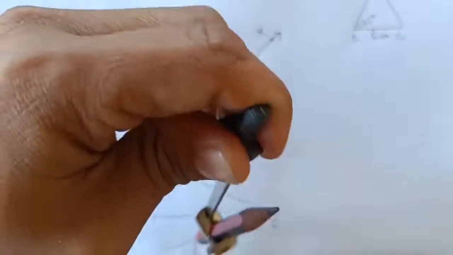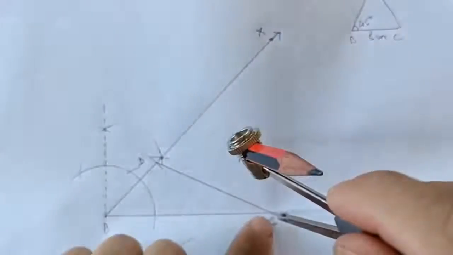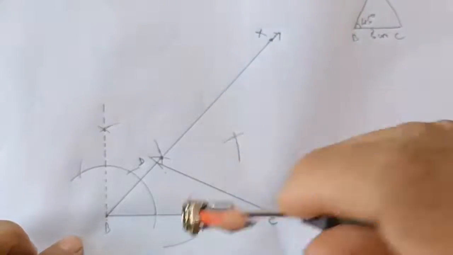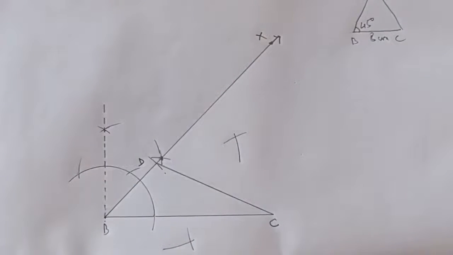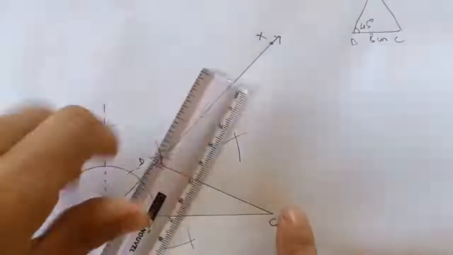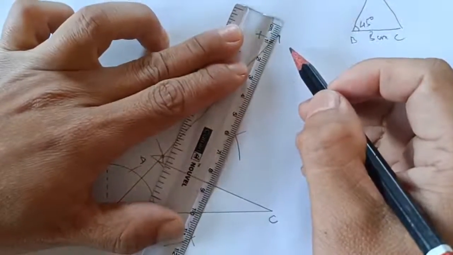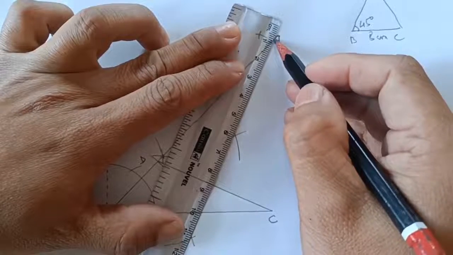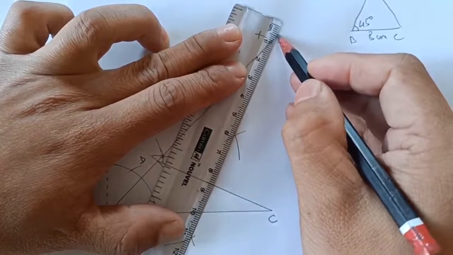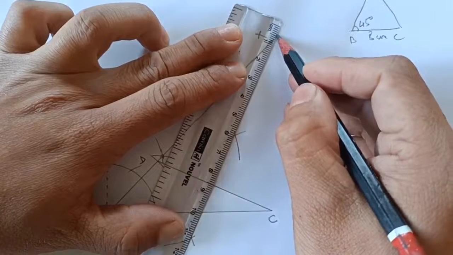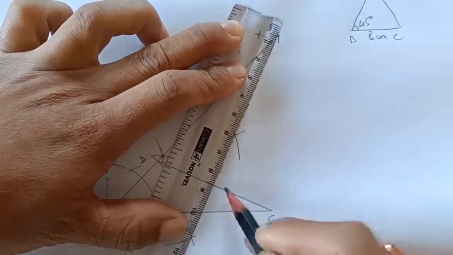So draw arcs on both sides of the side DC, and again with the center C, and with the same radius draw arcs on both sides of this side DC intersecting the previous arcs. Now join these 2 points with a line segment intersecting BX at a particular point, say A. Let me join this line with dotted line.